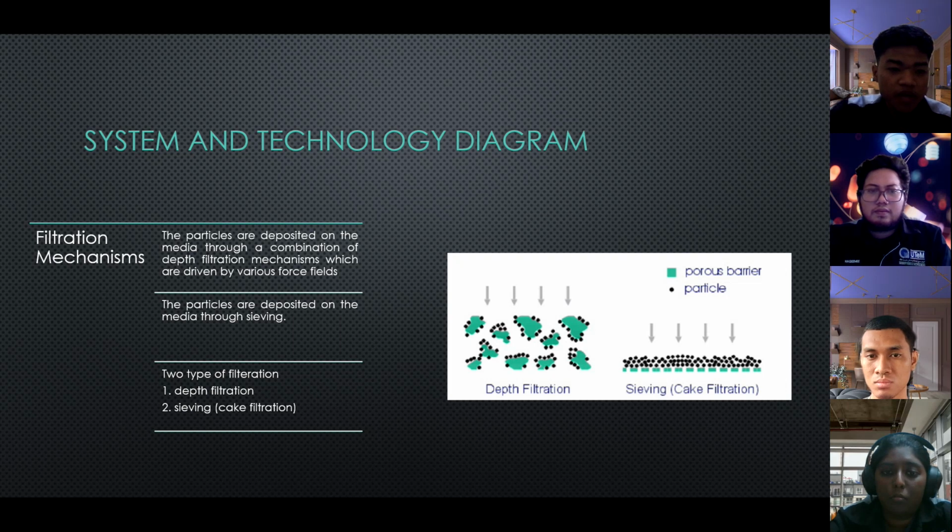The filter mechanism of the DPF is that particles are deposited on the media through a combination of deep filtration mechanisms, which are driven by various force fields. The particles are also deposited on the media through sieving. There are two types of filtration, which are deep filtration, as in this figure, and number 2 is sieving, also known as cake filtration, which is in figure number 2.